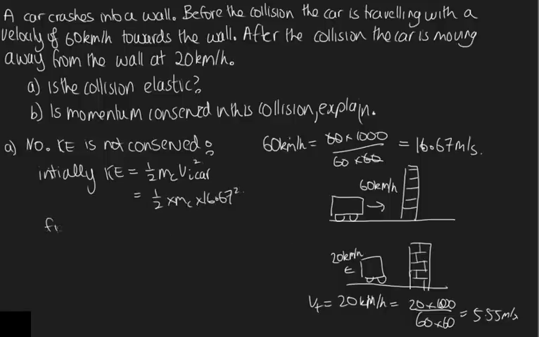And then finally, the final kinetic energy is mainly in the car. The wall will be moving backwards a little bit and it's attached to the mass of the earth, but that velocity is much smaller. So we've got a half times the mass of the car times 5.55 squared plus the kinetic energy of the wall. But this is very small because the velocity of the wall is very small and the kinetic energy is proportional to the velocity squared.